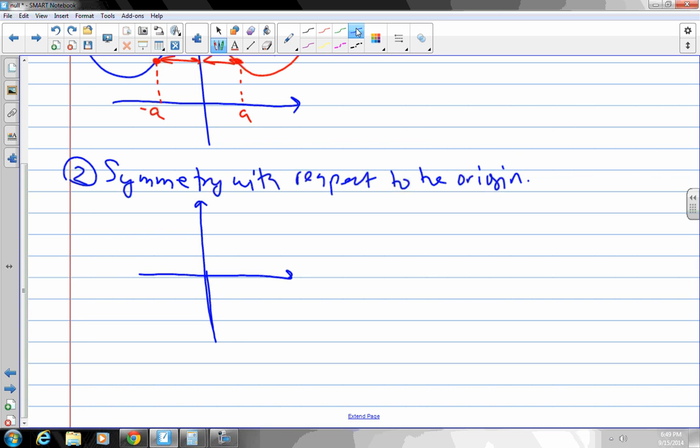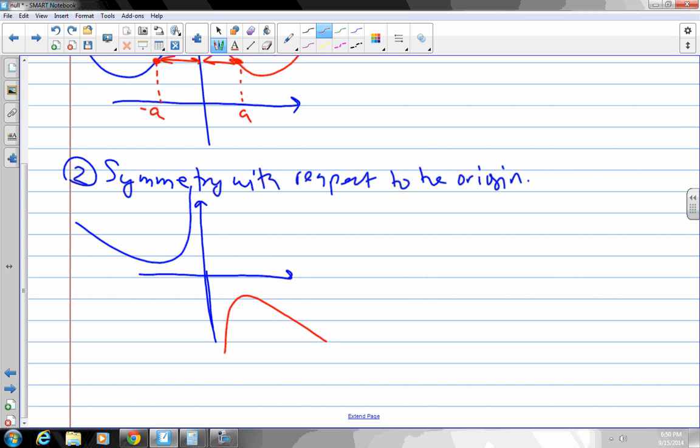So for example, if I tell you I have a function that does this, and it's symmetric around the origin, all I have to do is take this shape and just rotate it around the origin 180 degrees. So I will get something like that on that end. So everything is rotated.